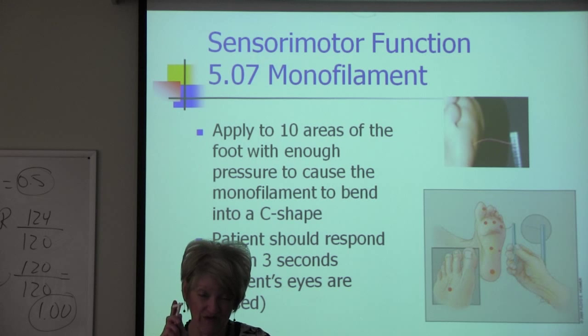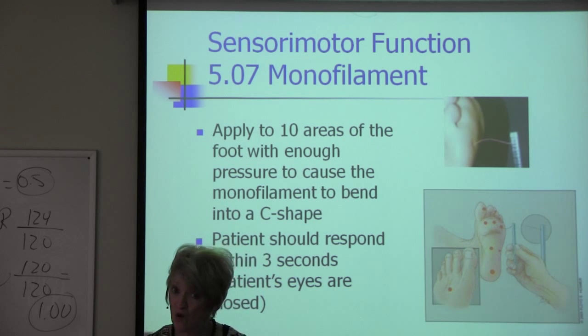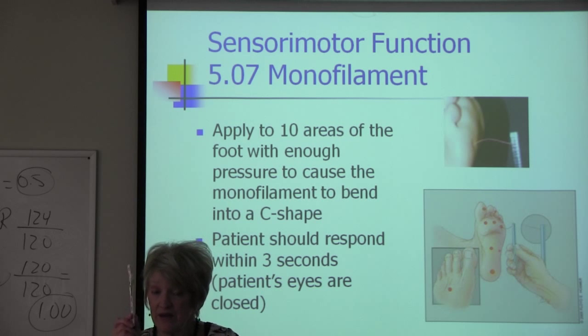If I tell them there were 5 areas on your foot where I touched this and made it bend, and then I came back and did it again and you never felt it, it makes them much more aware of their progressive neuropathy. If they fail to respond to 6.10, they're considered to be insensate.